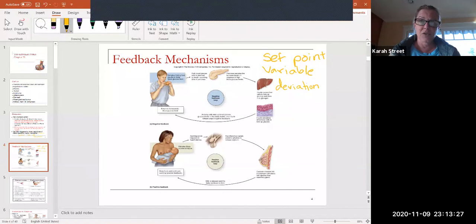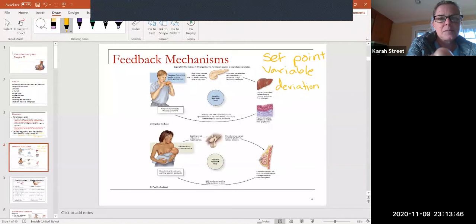That's a deviation beyond acceptable range. When a variable deviates beyond set point, beyond the acceptable range, then this will provoke a corrective mechanism. So feedback mechanisms are corrective mechanisms.